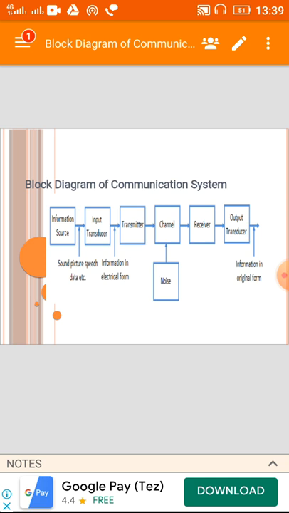Third block is transmitter. The function of the transmitter is to process the electrical signal from different aspects. For example, in radio broadcasting, the electrical signal obtained from sound signal is processed to restrict its range of audio frequency up to 5 kHz.